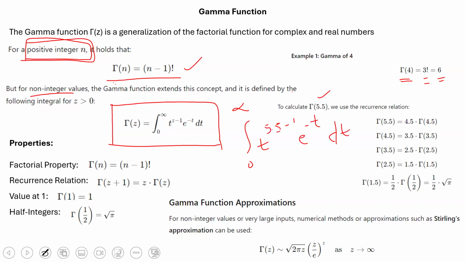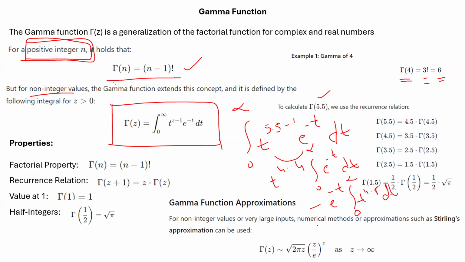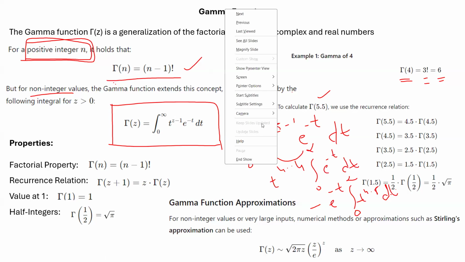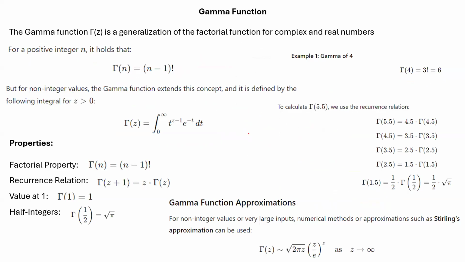So I have to integrate this, using the chain rule (integration by parts), from 0 to infinity. We have to solve all this stuff, which is really difficult, and we don't need that complex stuff to understand what we're going to study.